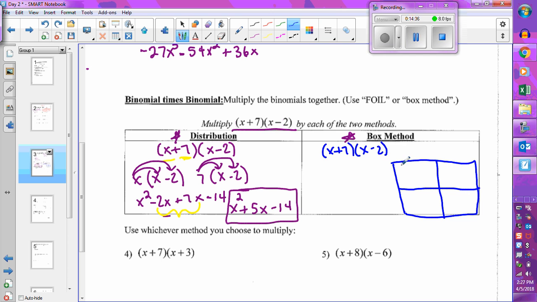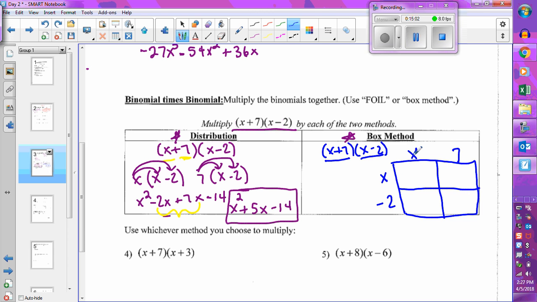All right. So at the top of the square, I want you to write x plus 7. So I want you to write x and then 7. So we know that's a positive 7. Now on the bottom, I want you to write x and negative 2. And then what we're going to do is we're going to multiply.